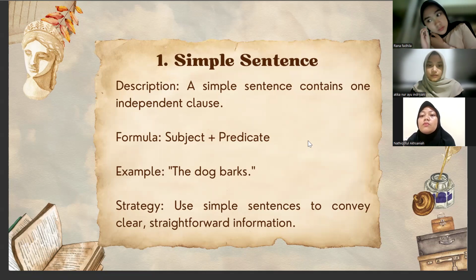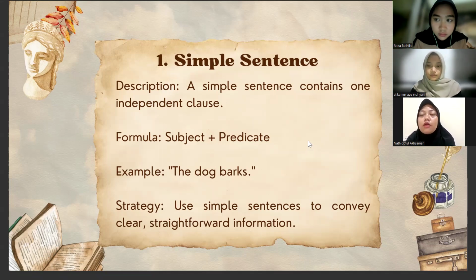For example, the dog barks. The strategy is to use simple sentences to convey clear, straightforward information. A simple sentence has just one predicate and one subject.